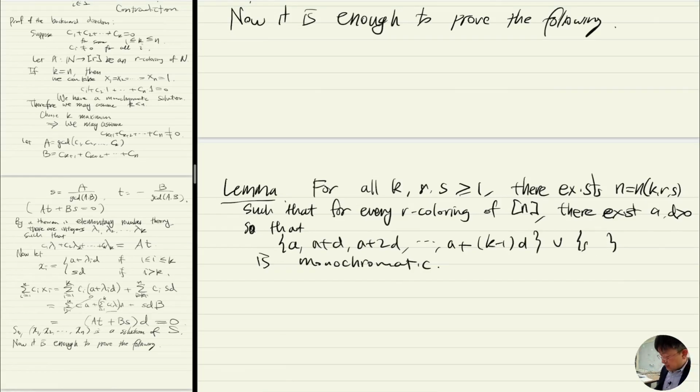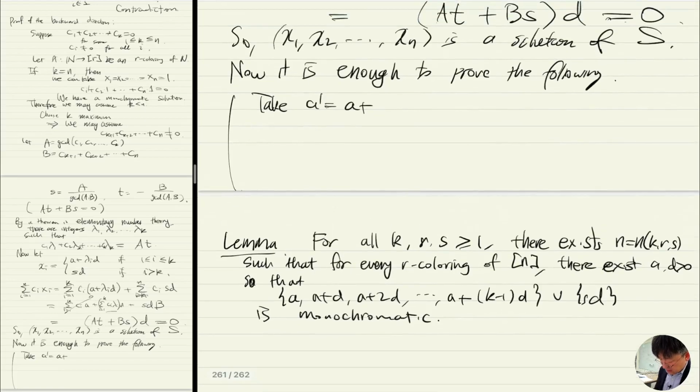Why is this enough? Well, the thing is, take k prime as twice k, something like that.